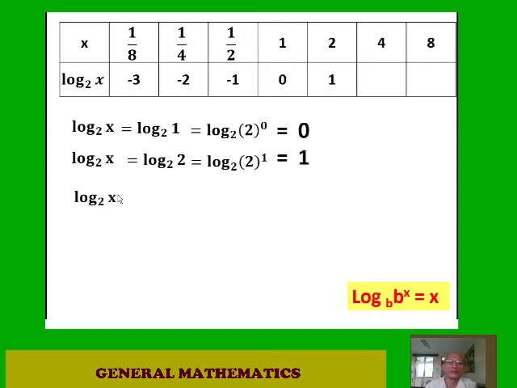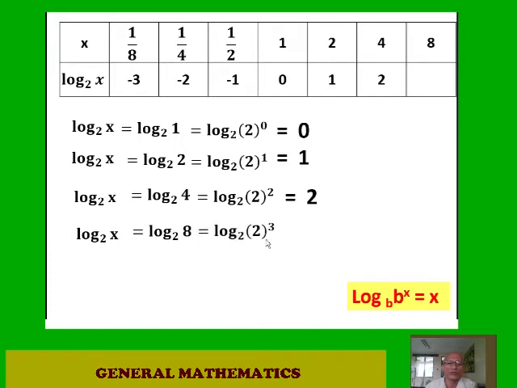Next, if we substitute x with 4, 4 is expressed as 2 squared, so the value is 2. Next, if we substitute x with 8, 8 is the same as 2 cubed, so they have the same base, and the value of this logarithm is 3.